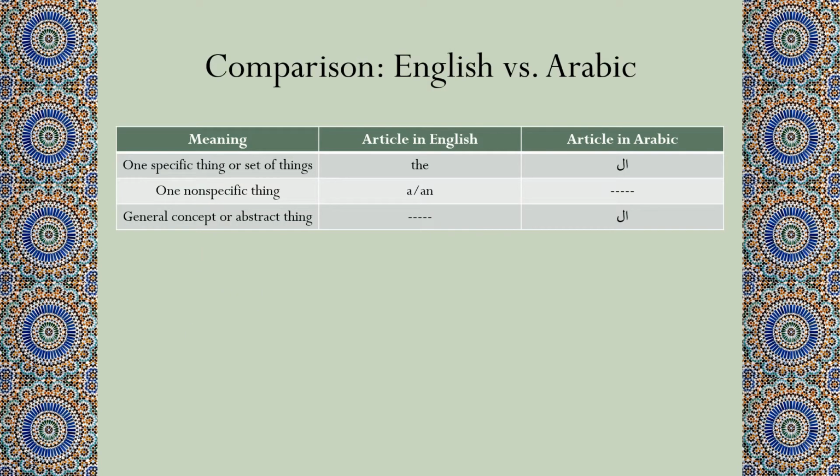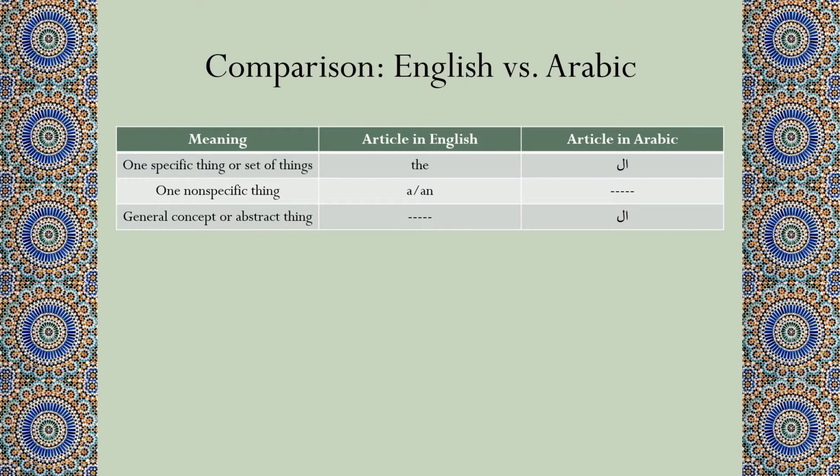So, to sum everything up, here is a comparison of the behavior of articles in English versus Arabic. To describe one specific thing or set of things, English uses the definite article the, and Arabic uses the definite article al. So in this situation, both languages act the same. For this group of things, they both use the definite article.